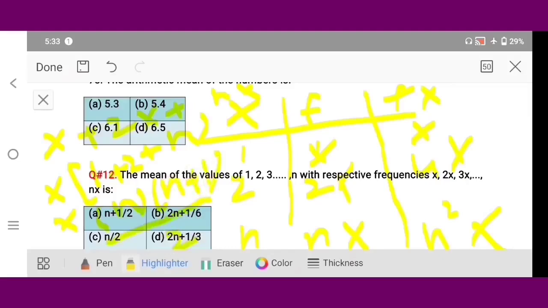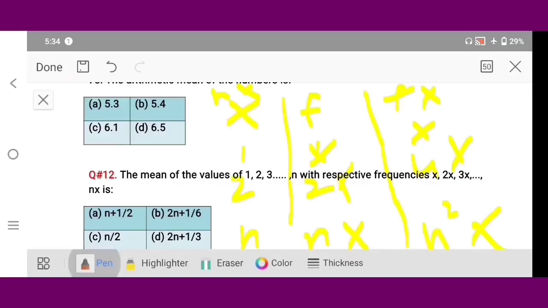So we have the sum of f, x times n into n plus 1 by 2. Let's just erase it and write down over here x n plus 1 by 2. This is the summation f, and next we are going to find summation fx.